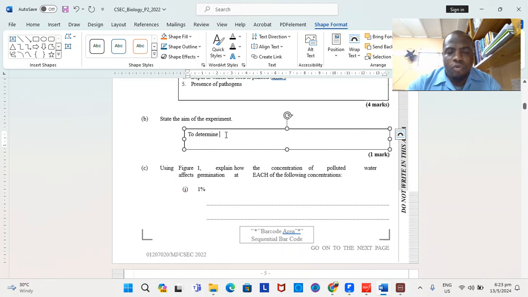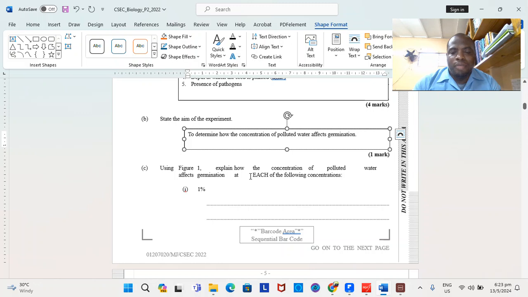So one way to place the aim is to determine how the concentration of polluted water affects germination, right?